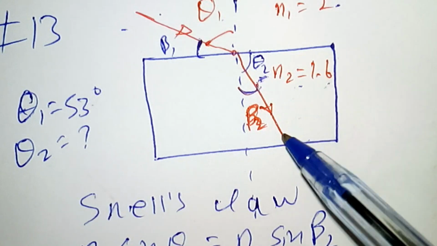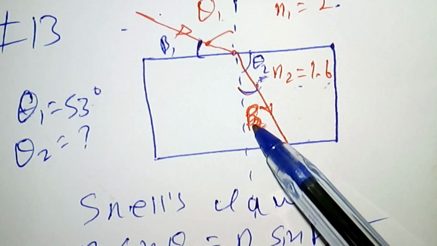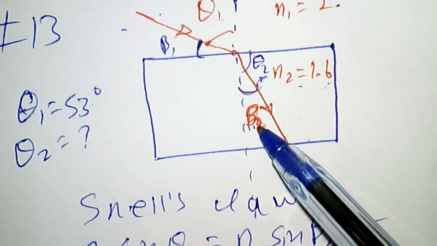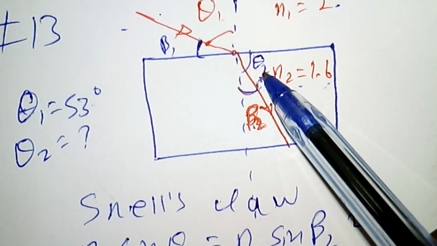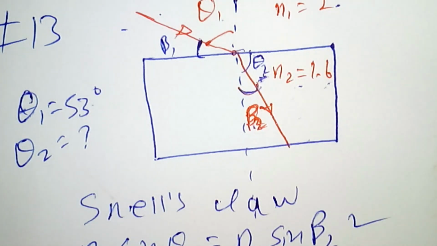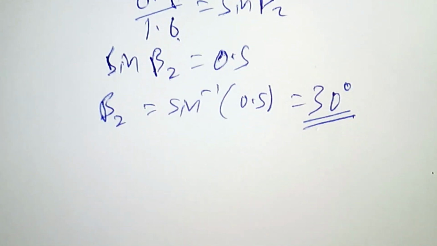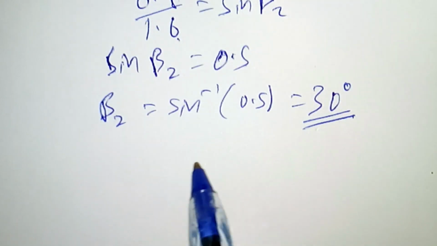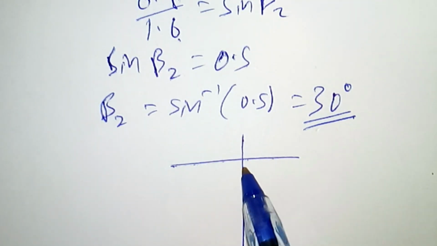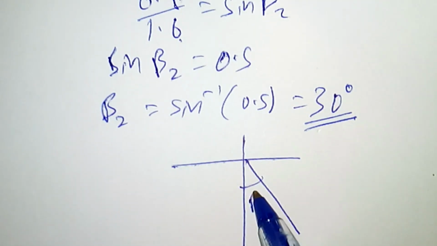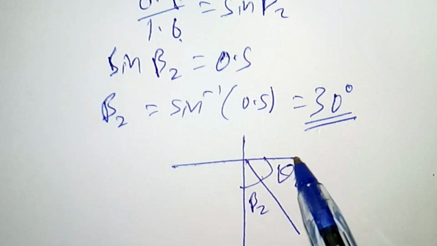But we know that the required angle is not beta 2. We can find beta 2, but beta 2 plus theta 2 is equal to 90 degrees, so I can find the angle theta 2, since the question requires theta 2, not beta 2. This is the normal, and we have calculated this angle beta 2, and this is angle theta 2.